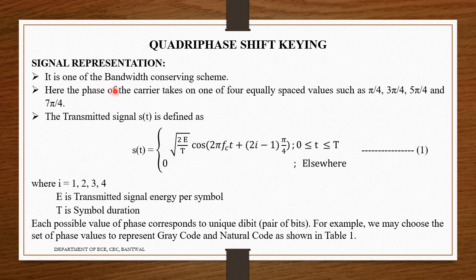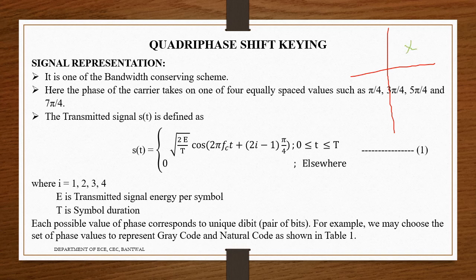Here, the phase of the carrier takes any one of 4 equally spaced values such as pi by 4, 3 pi by 4, 5 pi by 4, 7 pi by 4. How is that? You can see it here. The first one is pi by 4, which means 45 degrees.